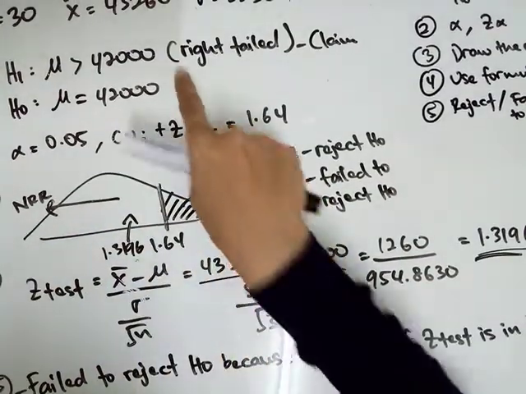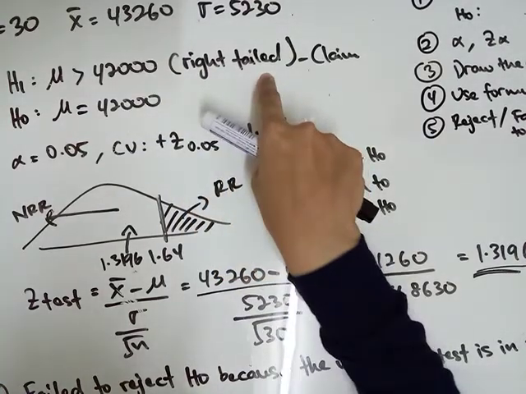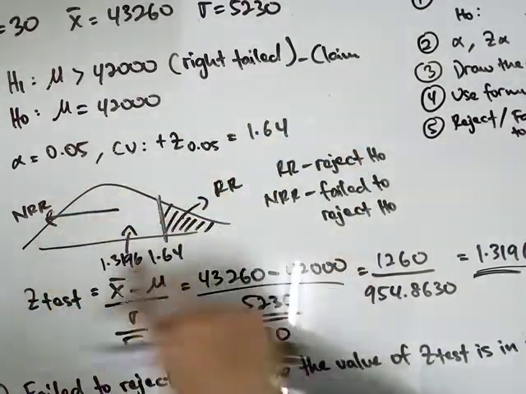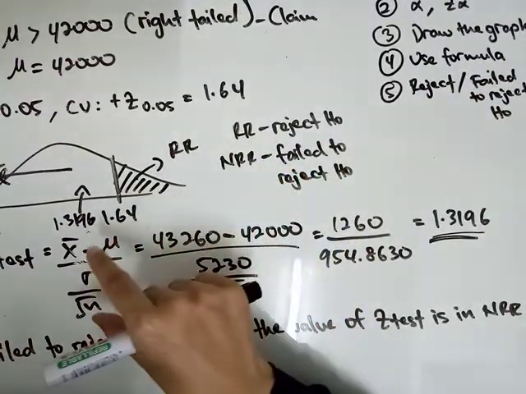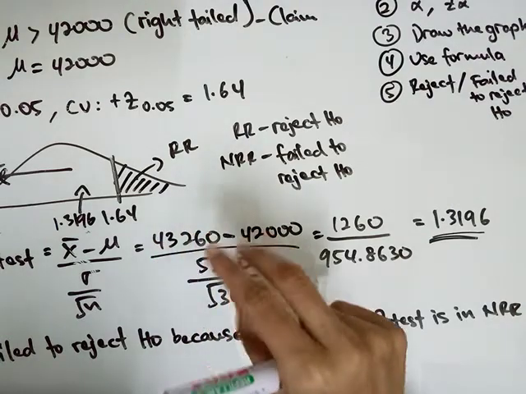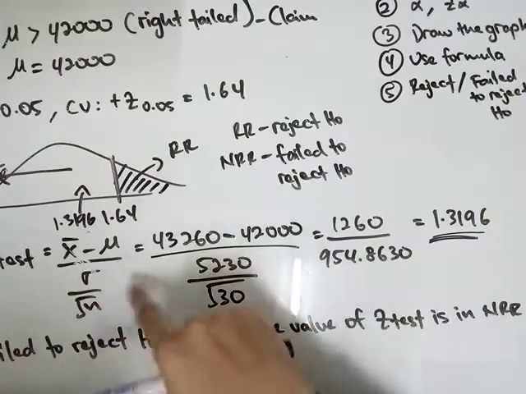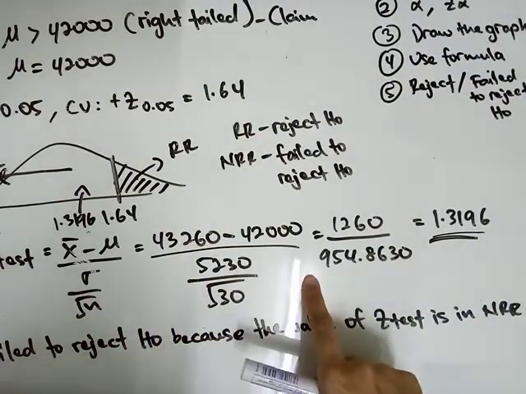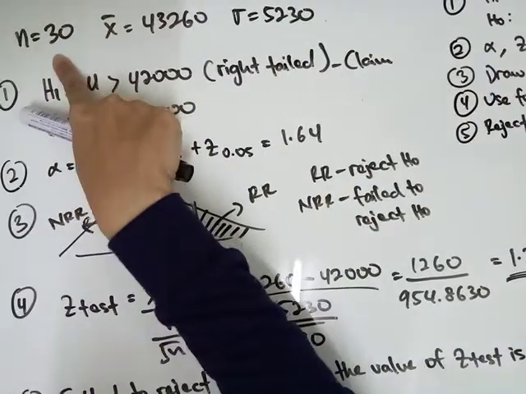Graph ni is based on H1, yang kita nak test ni, it is right tail area. Okay, kita dah draw, and then we need to use formula to know whether statement ni betul atau tak. Kita kena calculate, use formula z-test. Okay, sebab apa z-test? Sebab n dia besar. Okay, it is large samples.